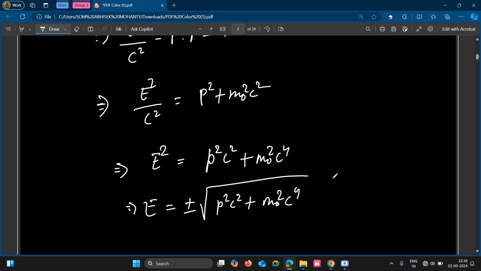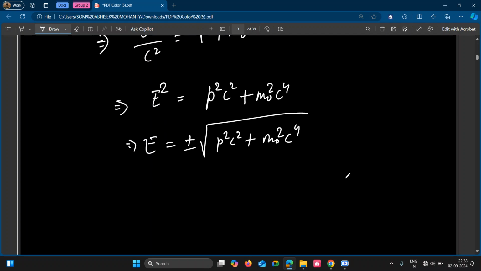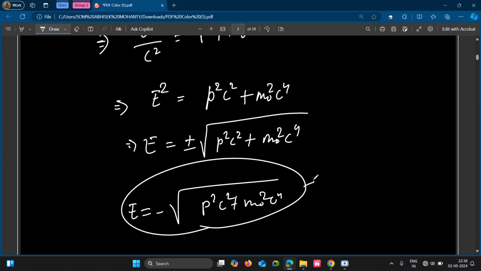At a later point, we will see that this negative energy, minus root of p square c square plus m square c to the fourth, is actually associated with antiparticles. Since antiparticles can indeed be observed in nature, we have already obtained an indication of this by extending the non-relativistic theory.